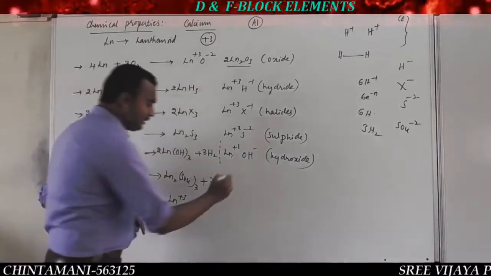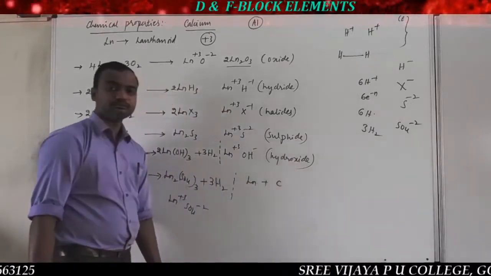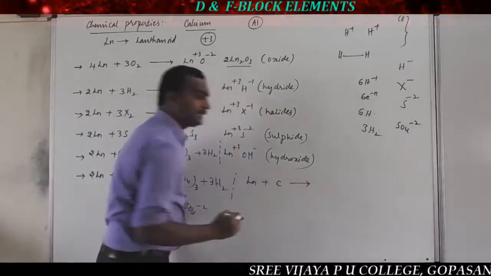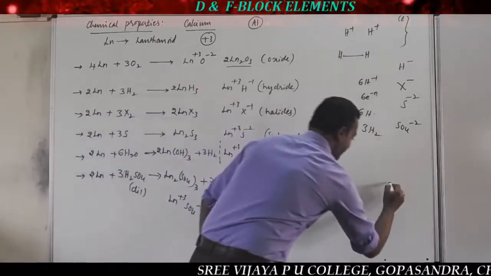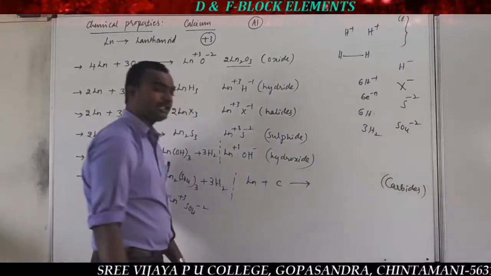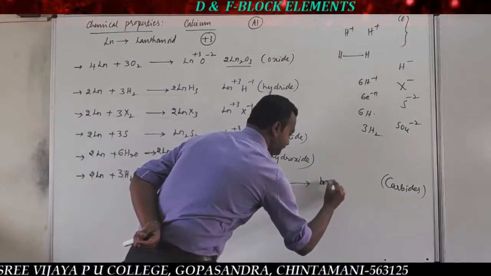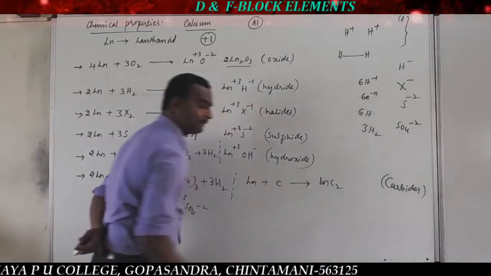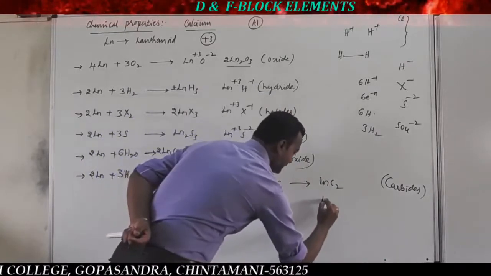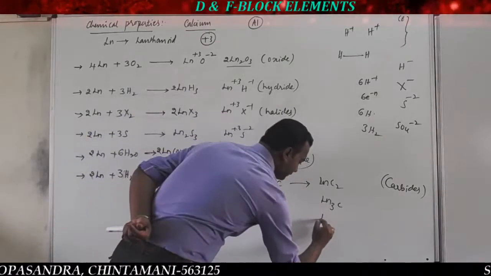And one more is there. Lanthanide reacts with carbon, and that gives different types of compounds called carbides. What types of carbides will we get? Especially LnC2, that is one type of carbide, another one is Ln3C, and another one is Ln2C3.